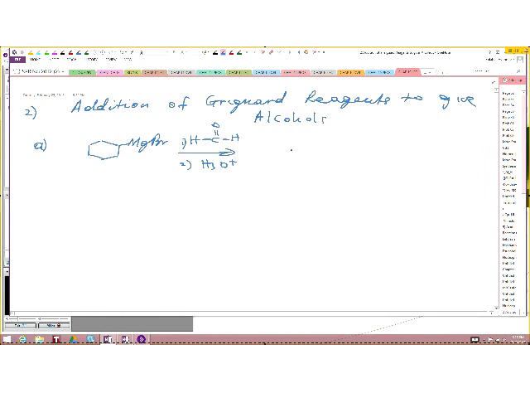Here we get, I believe we've done the mechanism of this reaction before. If you notice here, all we are doing, if you think of the Grignard reagent as a source of your nucleophile, the carbon that is attached to magnesium is negatively charged.